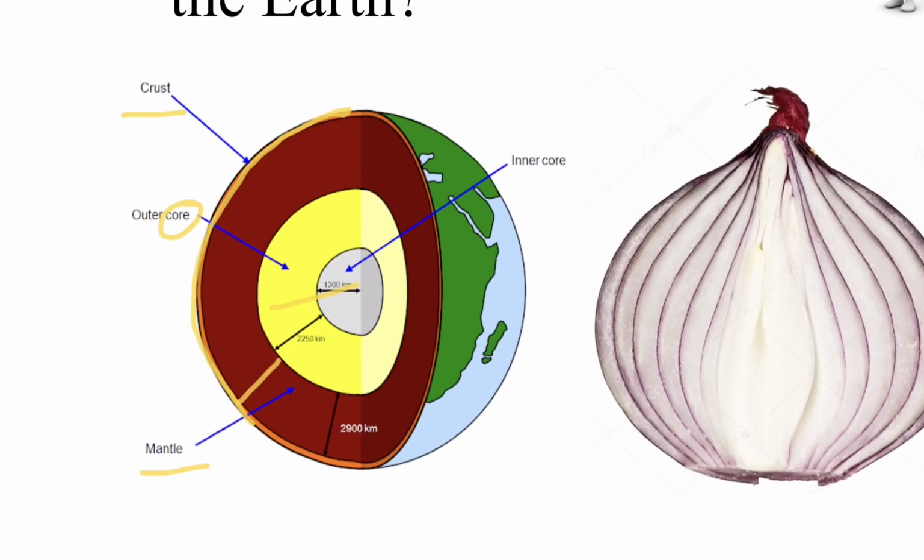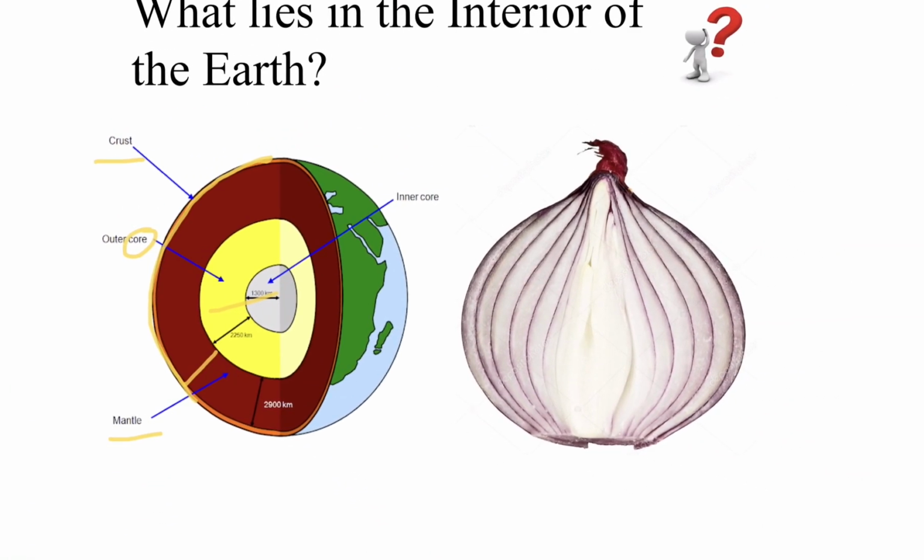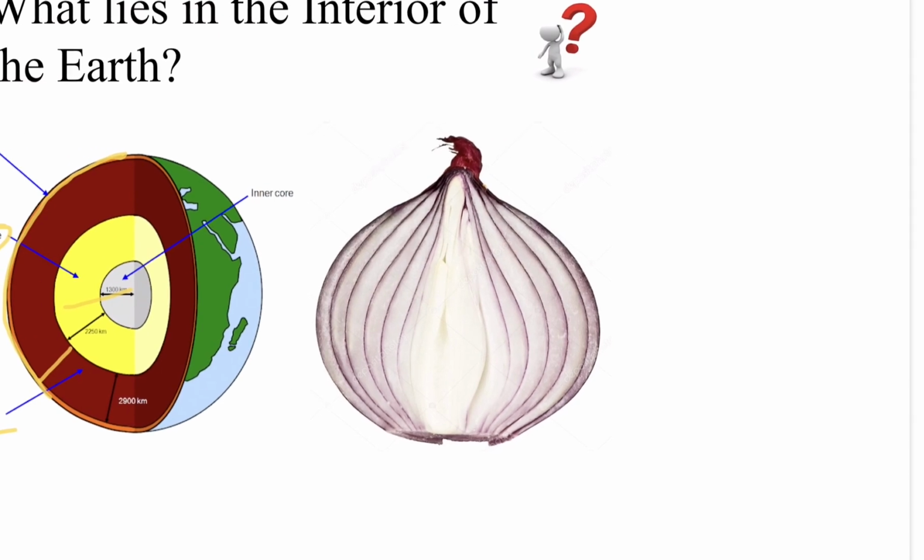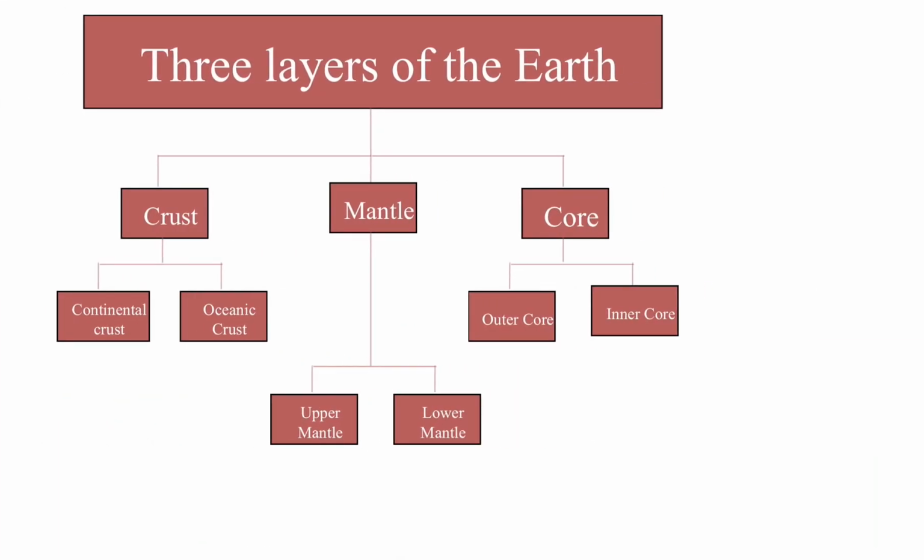Alright, now let's understand each of the layers in detail. Three layers of the earth: crust, mantle, core, and each of the layers is further divided.